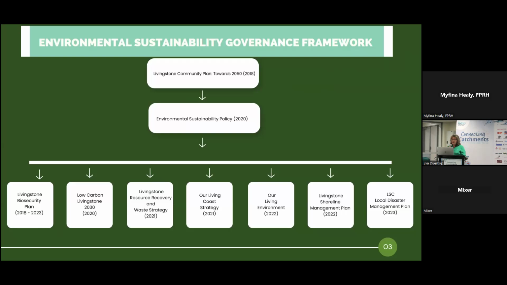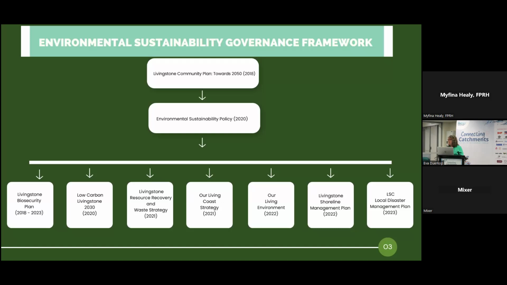Other things we've put in place in the last 4 years include our environmental sustainability policy. We're obliged to have a biosecurity plan, which we're currently updating in 2024. We have a low carbon Livingstone strategy to reduce our carbon footprint as an organisation by 2030.